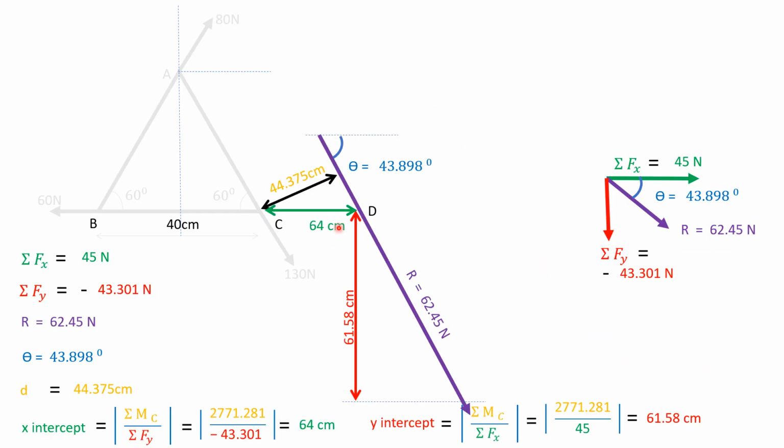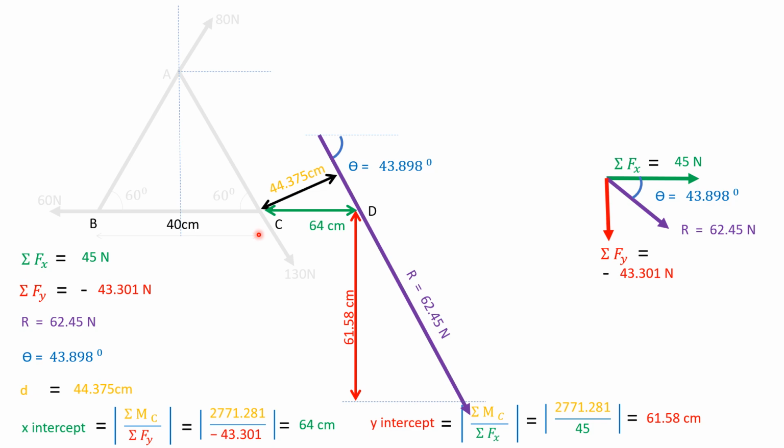The x-intercept is 64 centimeters, the y-intercept is 61.58 centimeters, and the perpendicular distance from point C is 44.375 centimeters.